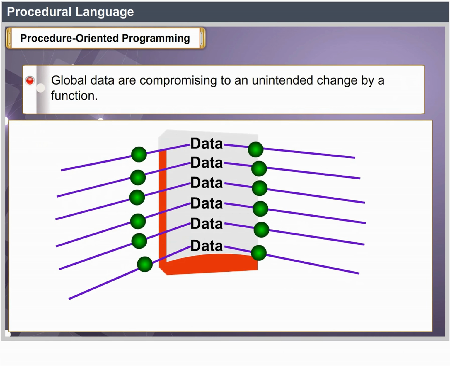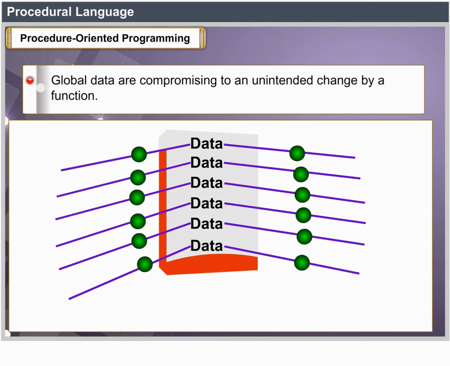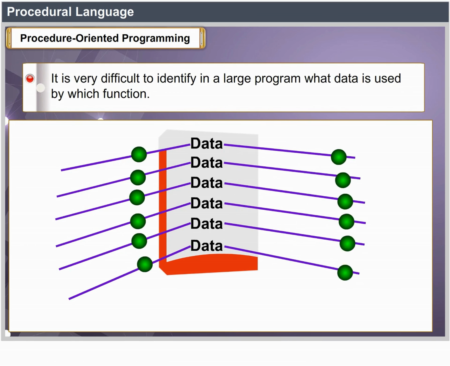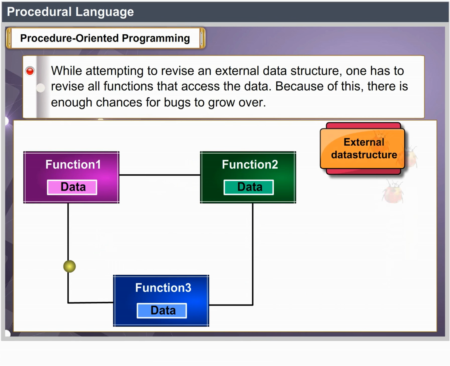Global data are more vulnerable to an inadvertent change by a function. In a large program, it is very difficult to identify what data is used by which function. In case we need to revise an external data structure, we also need to revise all functions that access the data.